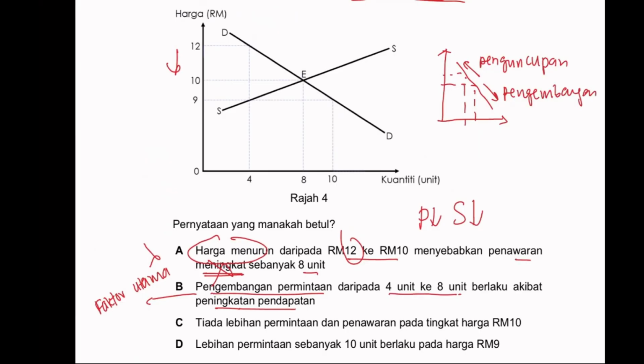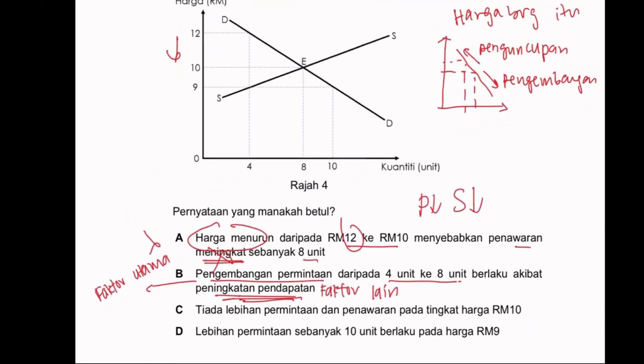Why will we move along the line? Because harga barang itu. Terbalik, right? What you mean terbalik? No. This word, because they say akibat peningkatan pendapatan. Pendapatan is a faktor lain. Other factors. So your line, these two things cannot be mentioned. That's two different things. Wait, are you here? Understand? Like why the answer is wrong.